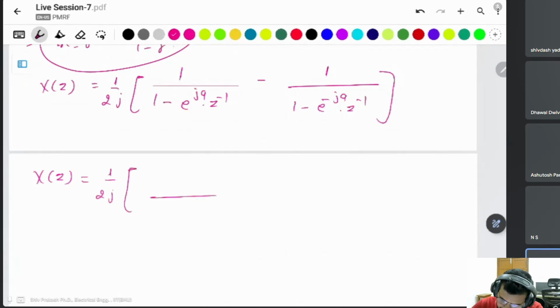You can take the LCM: 1 minus e to the power of ja into z inverse, times 1 minus e to the power of minus ja into z inverse.